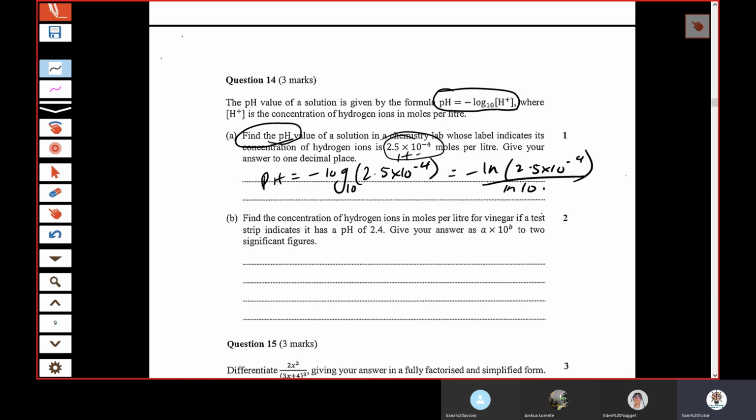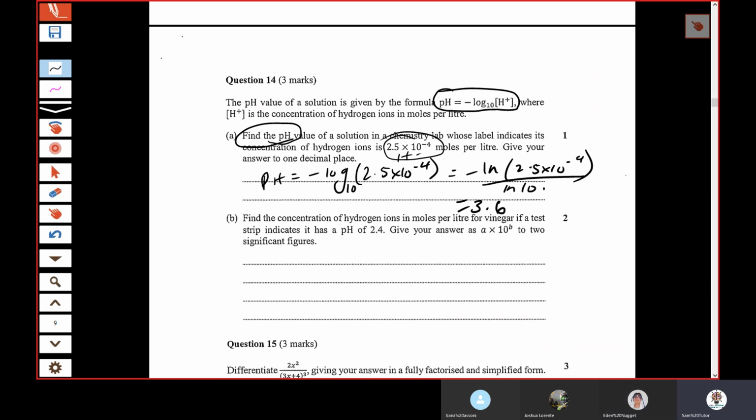Negative log 2.5 times 10 to the negative 4 over log 10, and you shall get 3.6 to 1 decimal place.